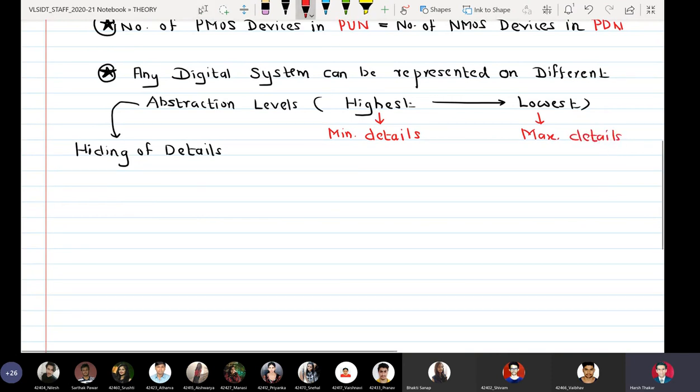Minimum details means a block level representation. Lowest or maximum details can be the transistor level.